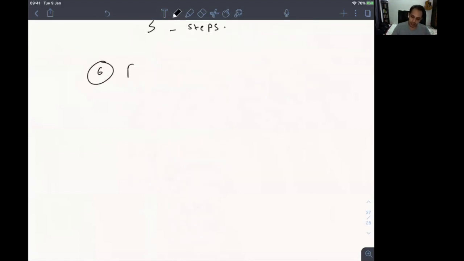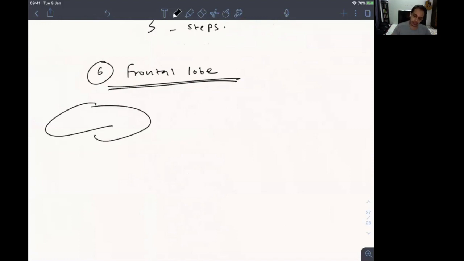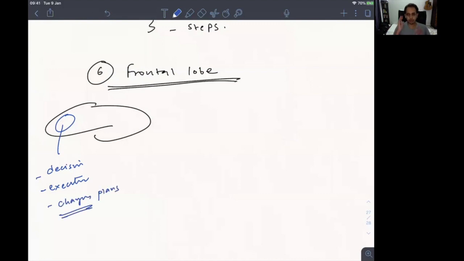And finally, we've reached your frontal lobe. So the important aspect of your frontal lobe is that it is involved in decision making, executive planning, and changing plans. So it is responsible for making a sequence of action, how to plan a sequence of action, and how to change those actions.